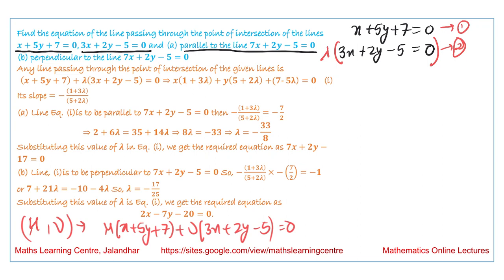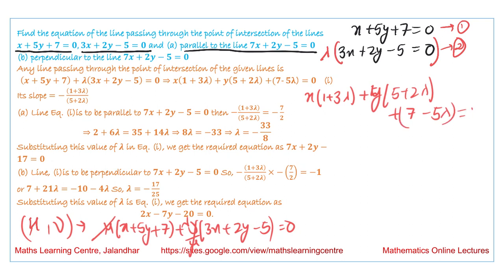If we collect the like terms and divide by mu, writing nu over mu as lambda, we get x into 1 plus 3 lambda plus y into 5 plus 2 lambda plus 7 minus 5 lambda, and this value is equal to 0. So this is the family of lines which is passing through the point of intersection of these two lines.